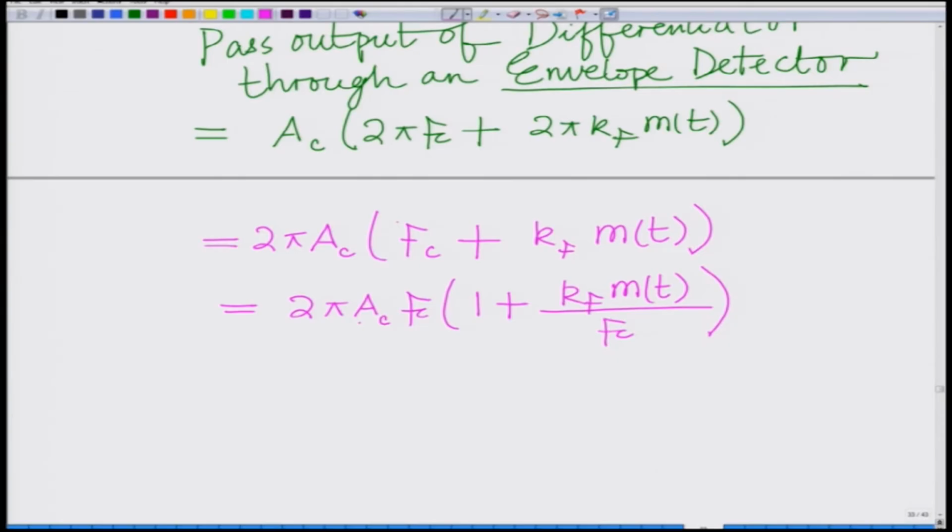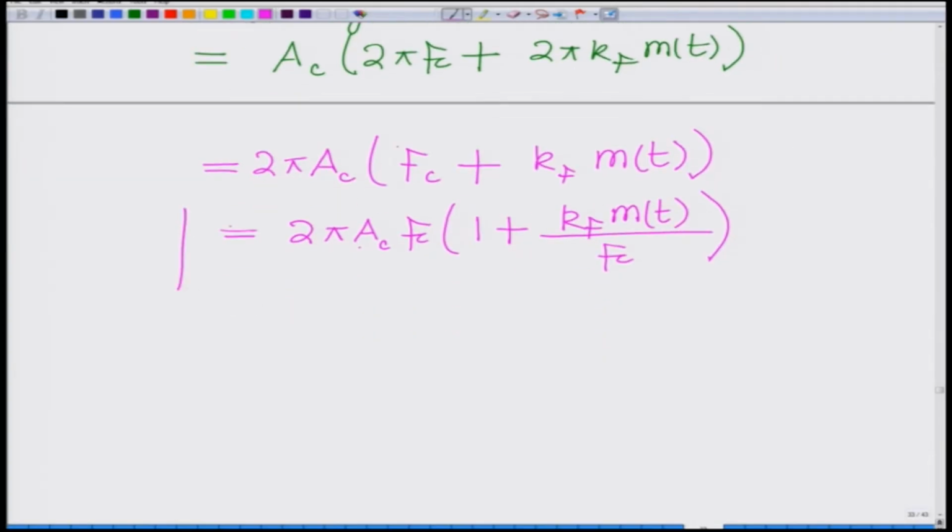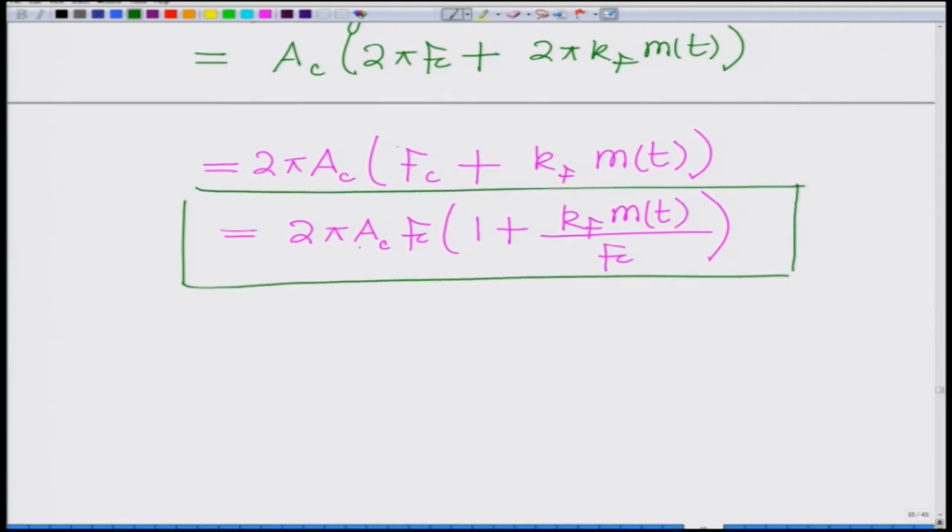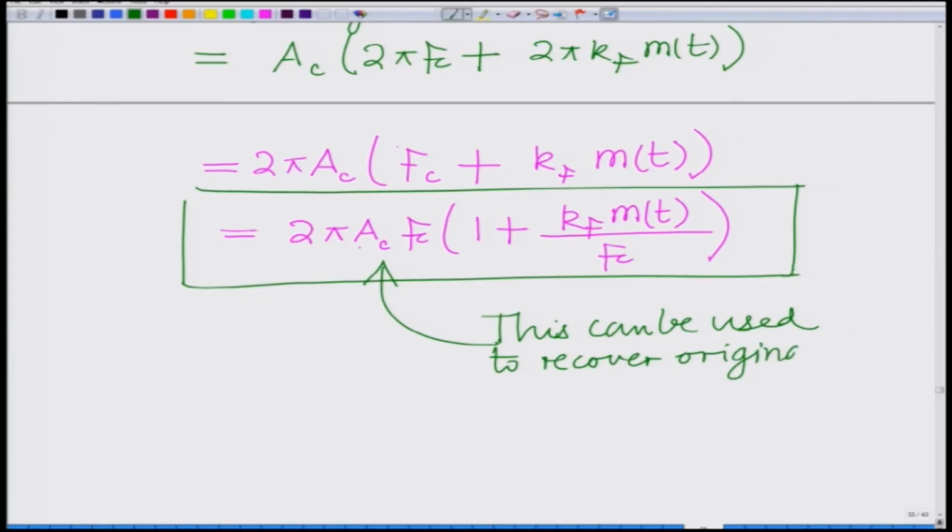And now we know, correct. So, now we have the output of the envelope detector, and this can be used to recover the original message signal m(t).